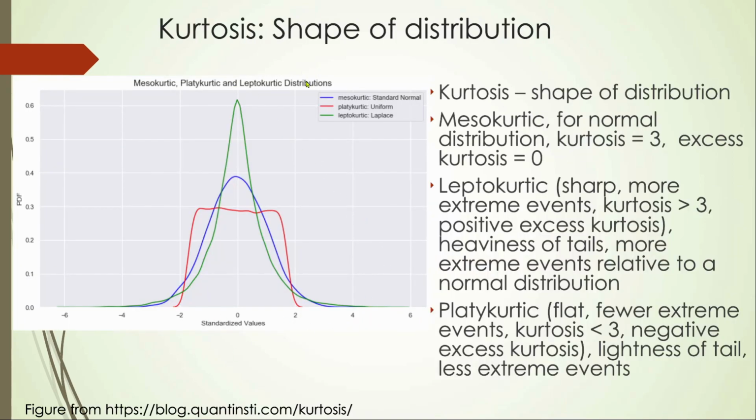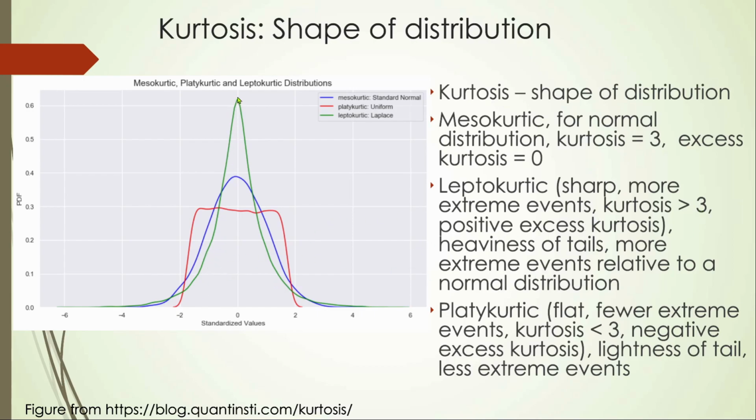Kurtosis shows the shape of the distribution. The blue line here shows the mesokurtic normal distribution. Kurtosis is 3, whereas excess kurtosis is 0. Excess kurtosis is calculated by using the calculated kurtosis minus 3. The leptokurtic line, the green line here, has a kurtosis of more than 3.